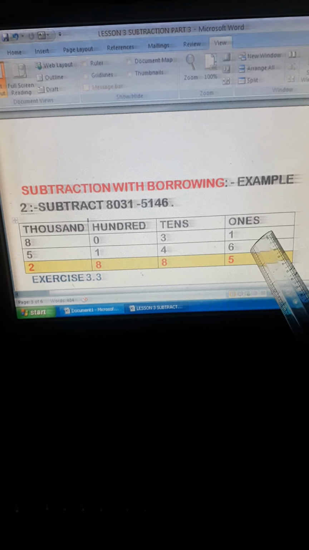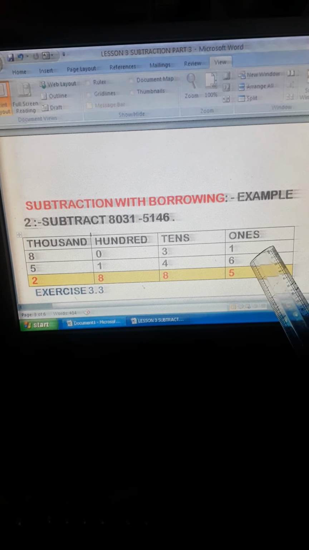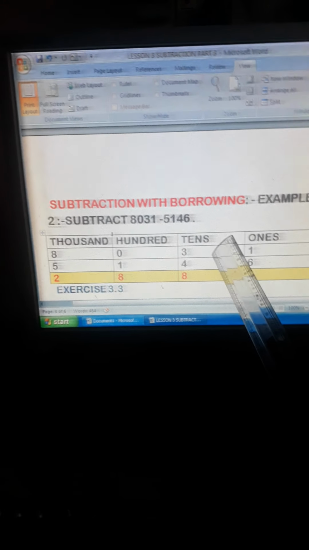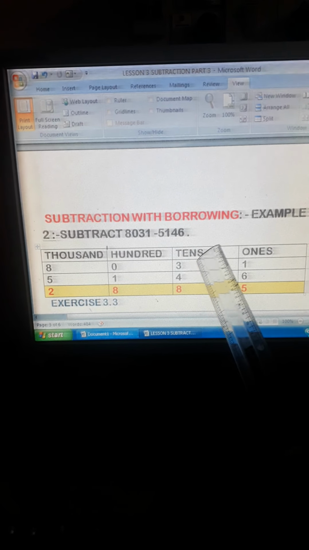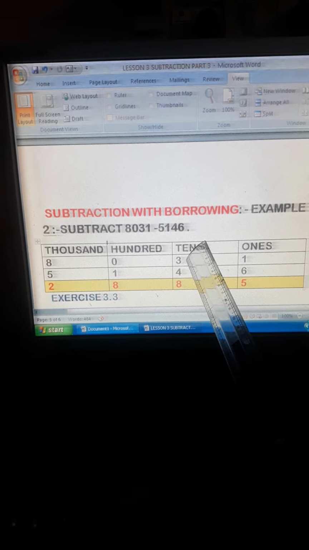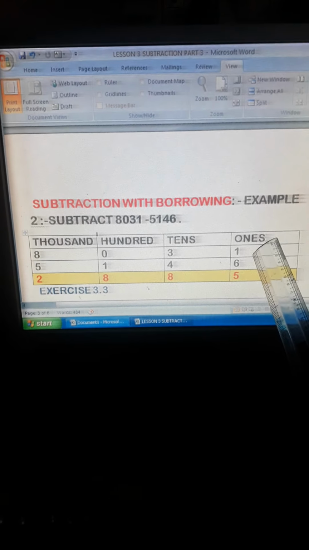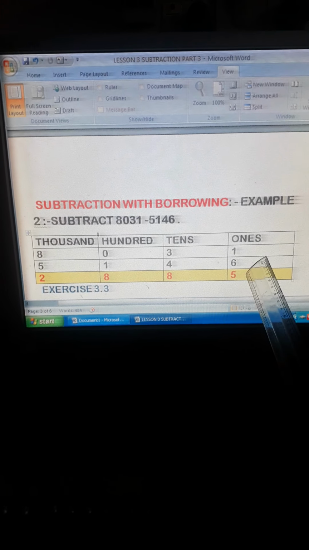The obvious answer is no. 1 is smaller than 6, so we cannot subtract it. So what we will do for that? We will borrow from here. When we are borrowing from here, this number becomes 2 and it becomes 11. 11 minus 6 is 5.